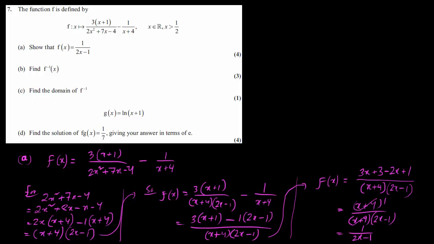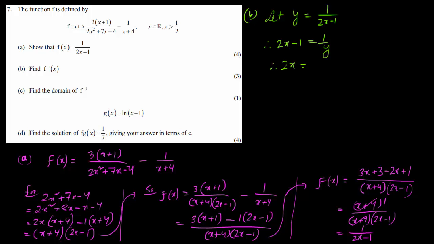Now for question B, what we have to do is find the inverse. Remember, from now on, f(x) is this expression, 1 by (2x − 1). So for inverse, the first thing we do is let y equal that expression, 1 by (2x − 1). Now for inverse, we have to convert x to y. So 2x − 1 equals 1 by y.